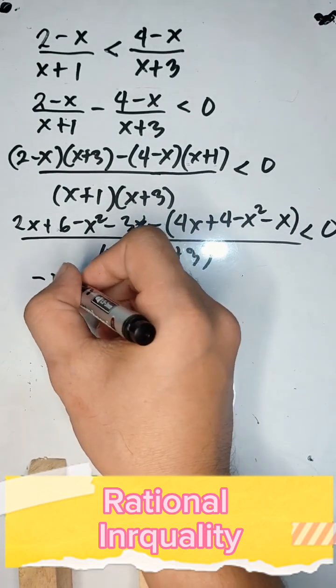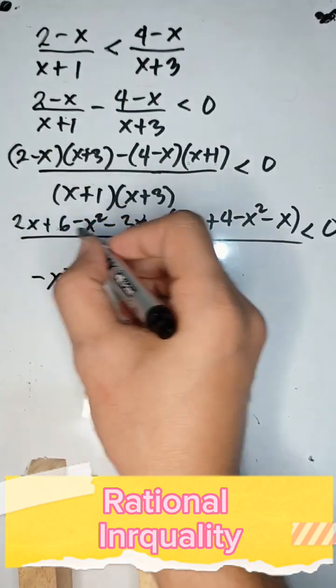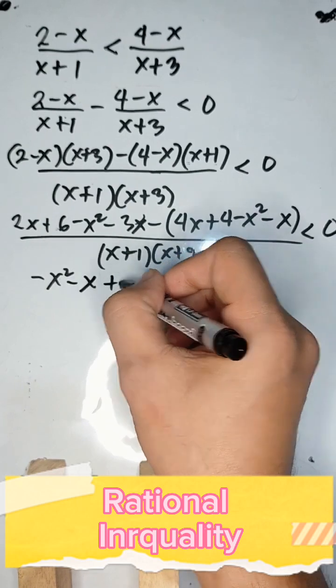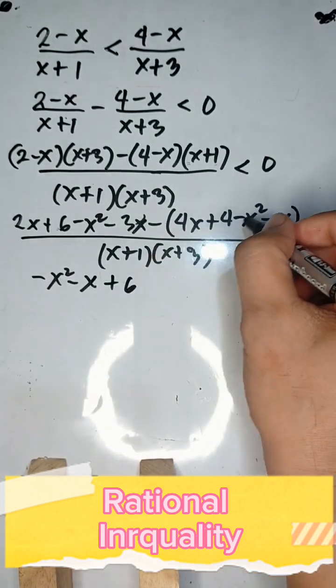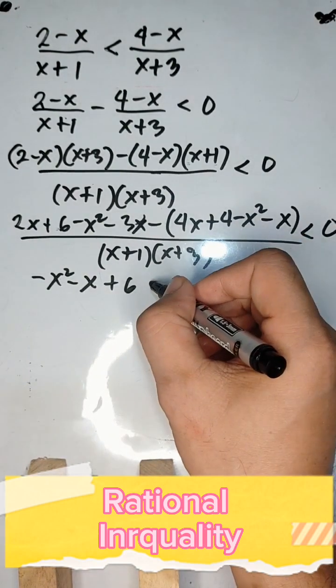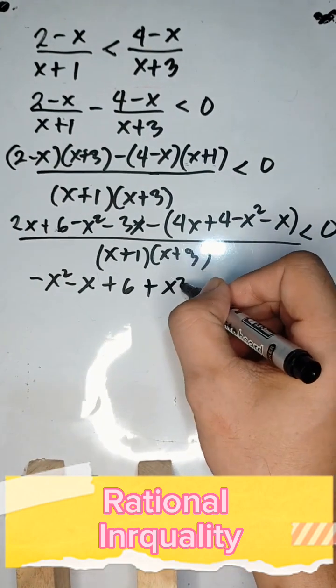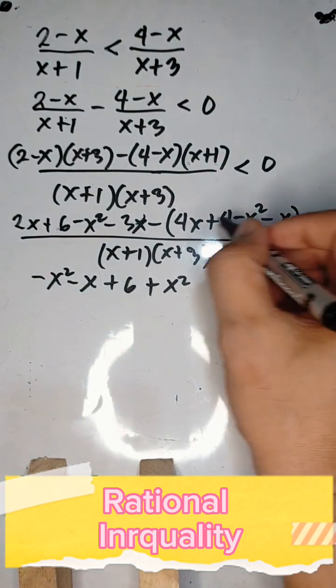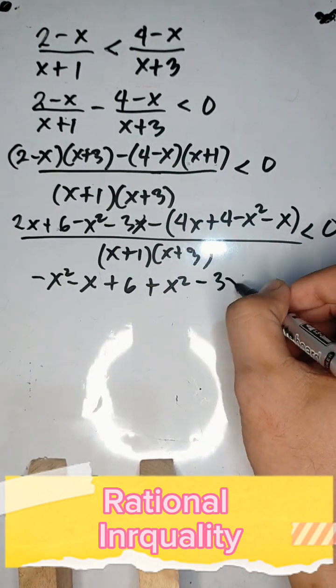Okay, now let's simplify this expression here, and let's write the highest order term on the left side. So it's gonna be negative x squared, 2x minus 3x, that's minus x, plus 6. And here negative times negative is positive x squared. Then 4x minus x is positive 3x, that times negative, that's negative 3x.